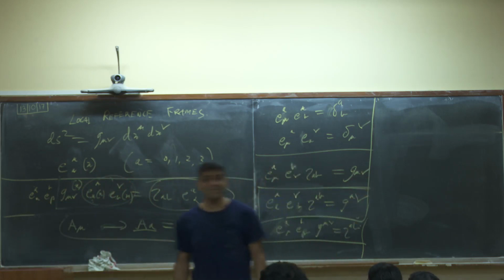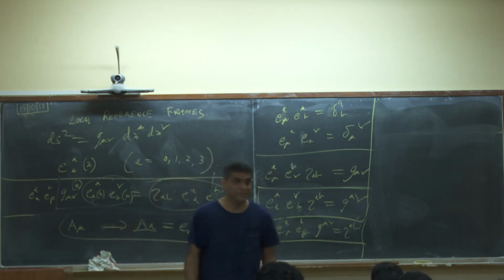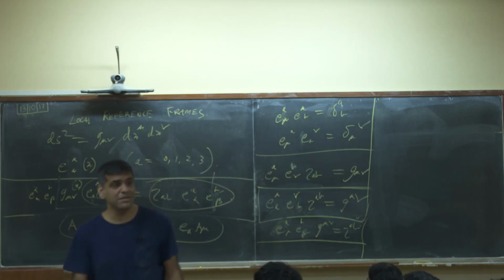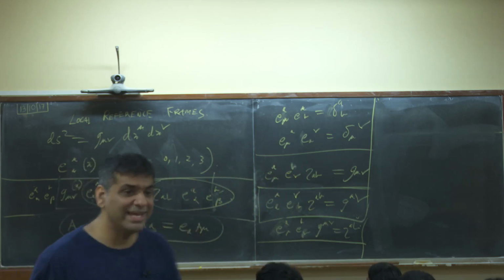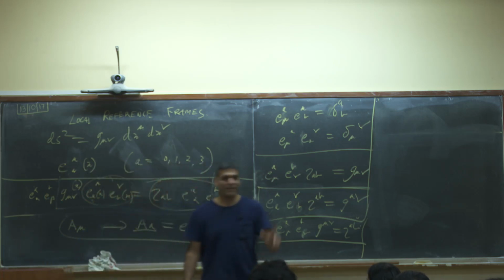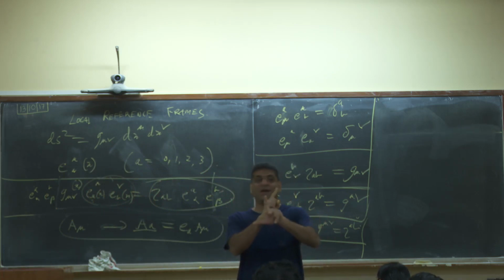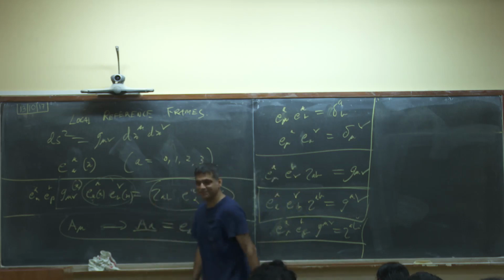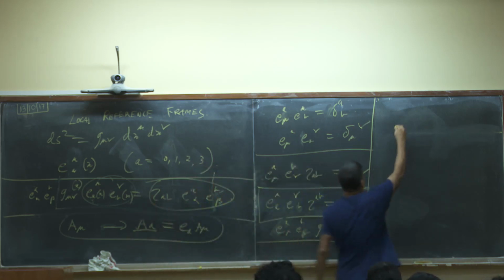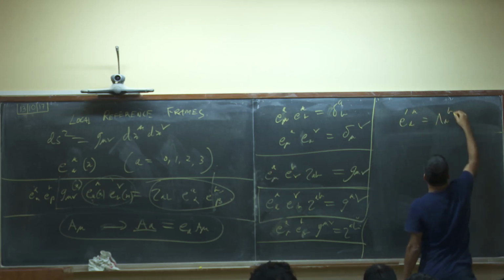So I want to understand what is the connection between your A's and my A's. In order to know that, I have to know what is the connection between your E's and my E's. But if you think about it, we already know it. Because these E's are a set of vectors that obey this relationship here. So now suppose I wanted to do E prime A mu is equal to lambda AB E B mu.